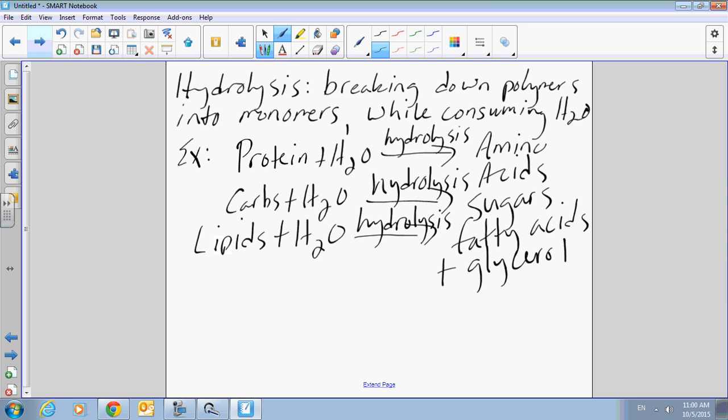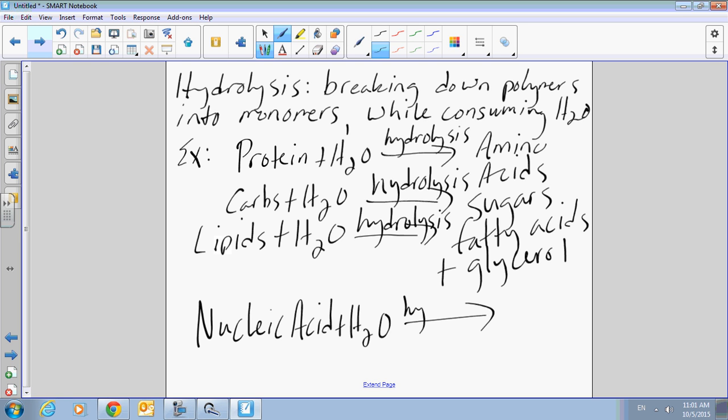And lastly, if we have a nucleic acid, a little bit of water, and this chemical reaction occurs, you get nucleotides. Any questions about the building or dehydration synthesis of the biological molecules, or the breaking down of them, the hydrolyzing or hydrolysis of the molecules?